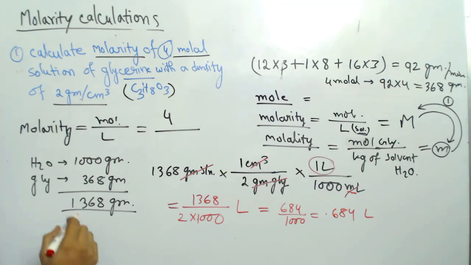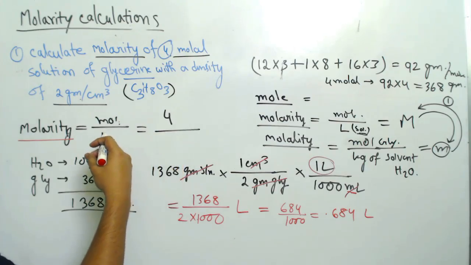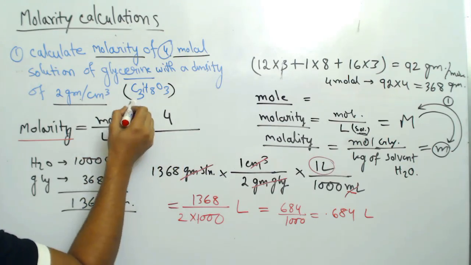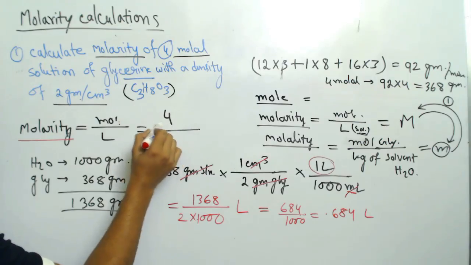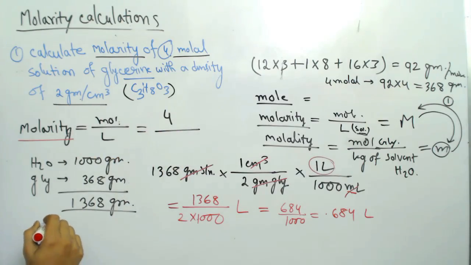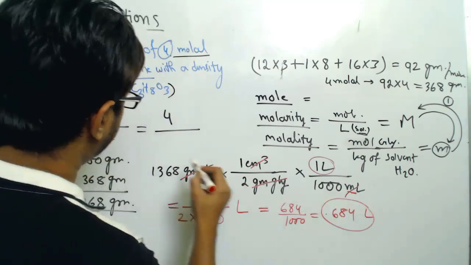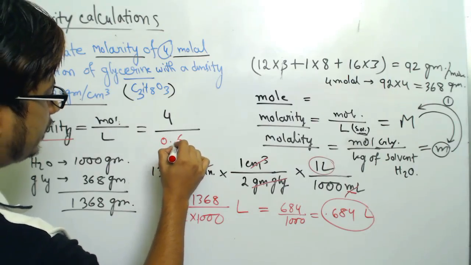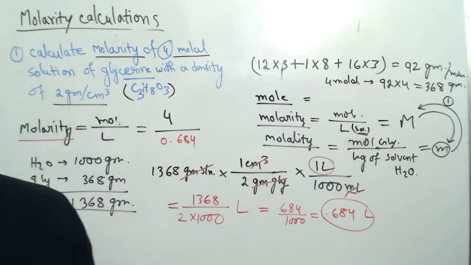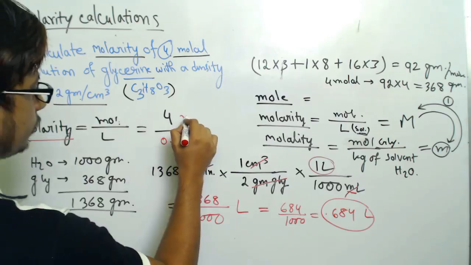I told you earlier that to calculate molarity we need two things: the moles of the solute here, that is the glycerin, given 4, and the volume in liters. We already calculated the volume in liters, so plug this value 0.684 in here, and we already knew the moles.